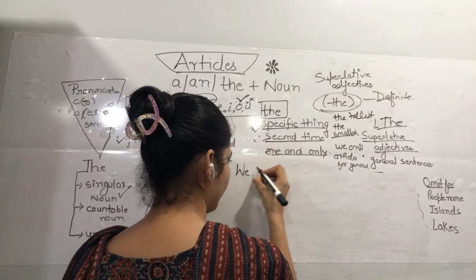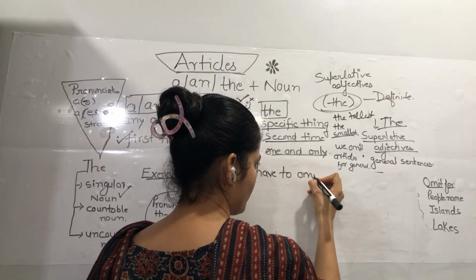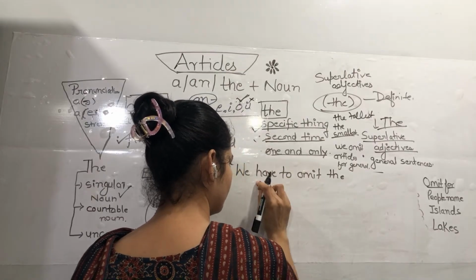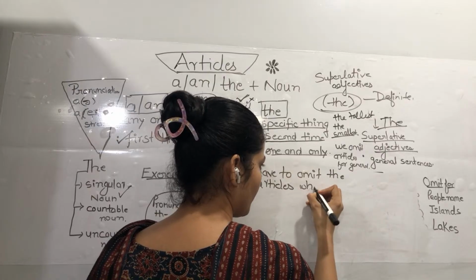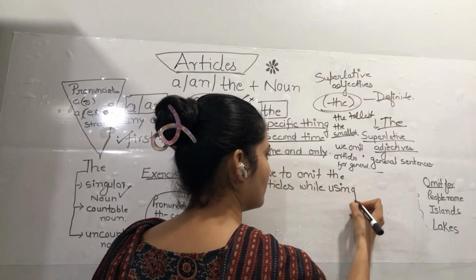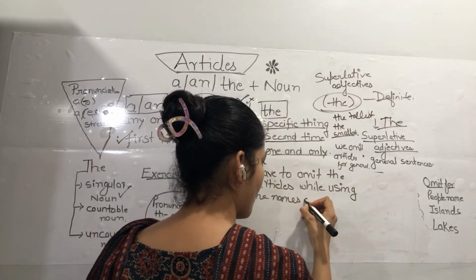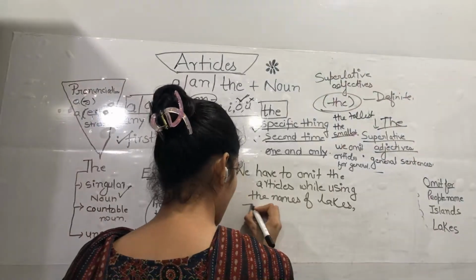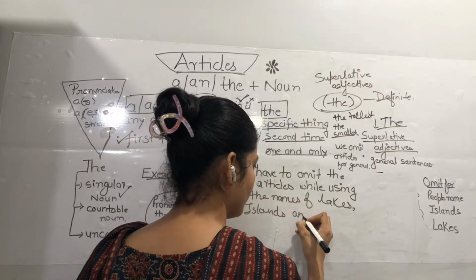We have to omit the articles while using the names of lakes, islands, and people.